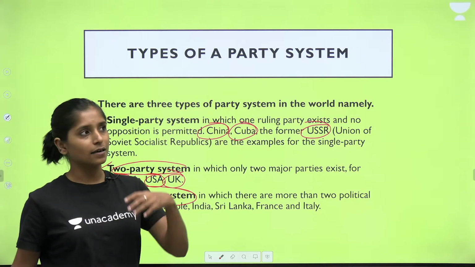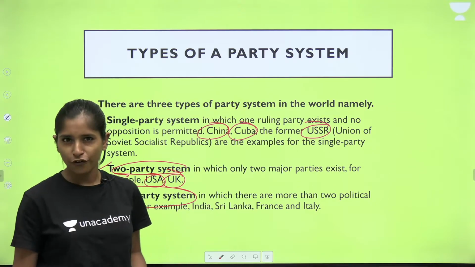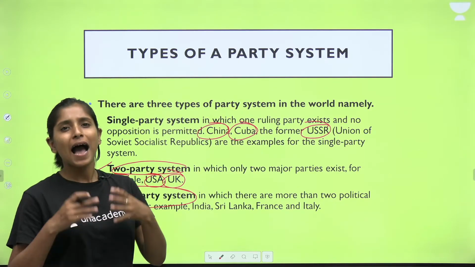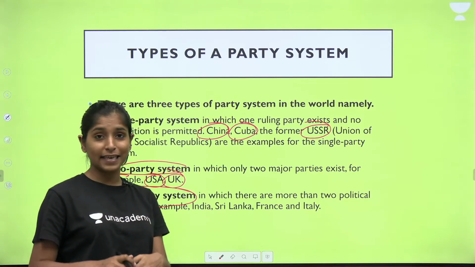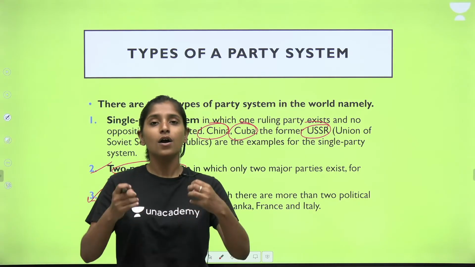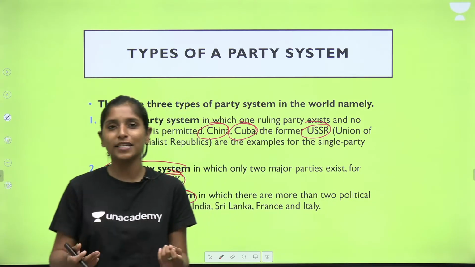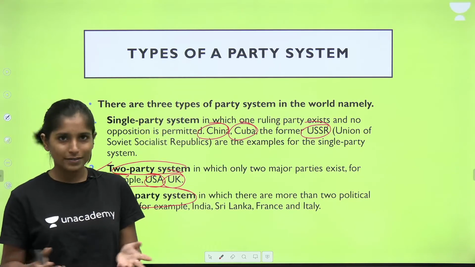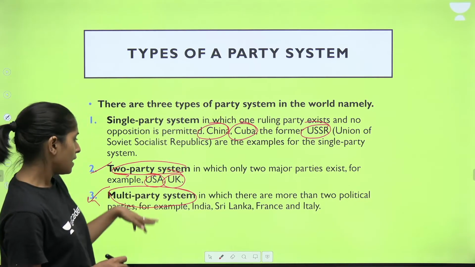That's a negative part of having a multi-party system, that many parties which are actually good get hidden because they don't have a strong stand of their own. They can't really make it on their own. So that's a negative point of having a multi-party system in a country, right?